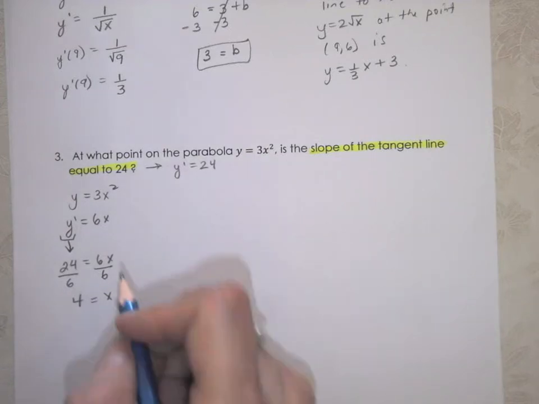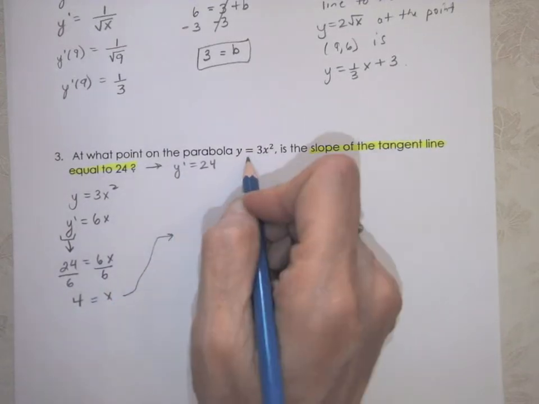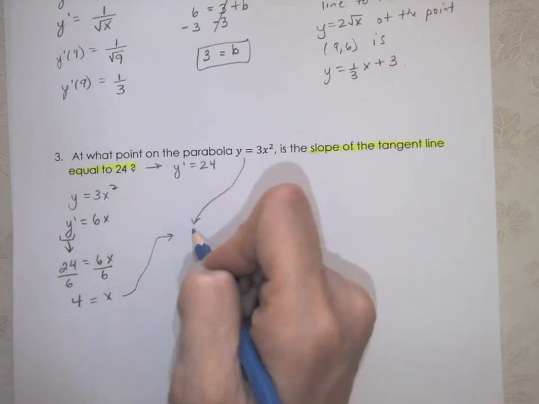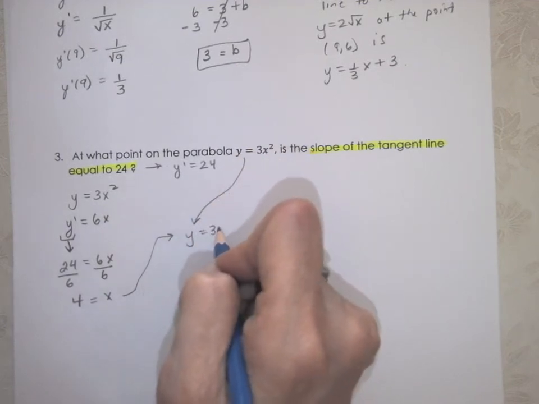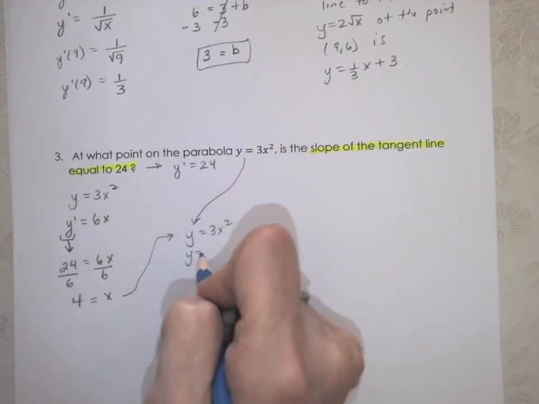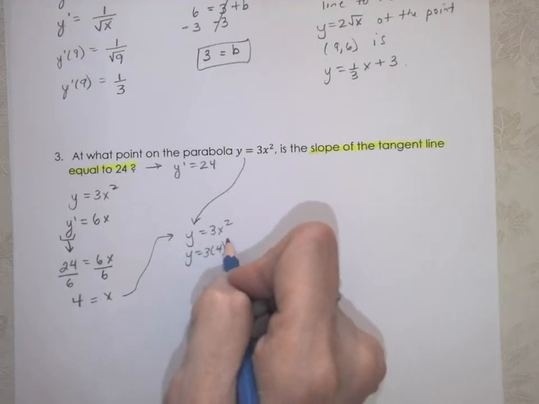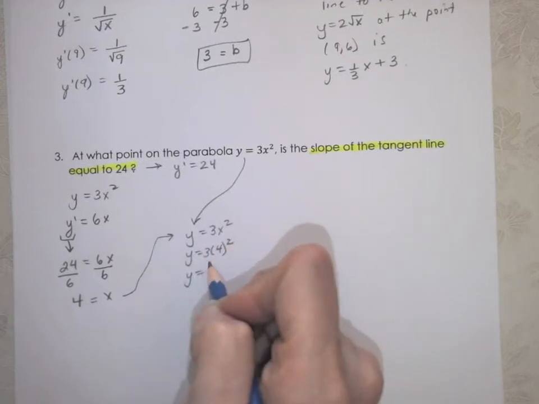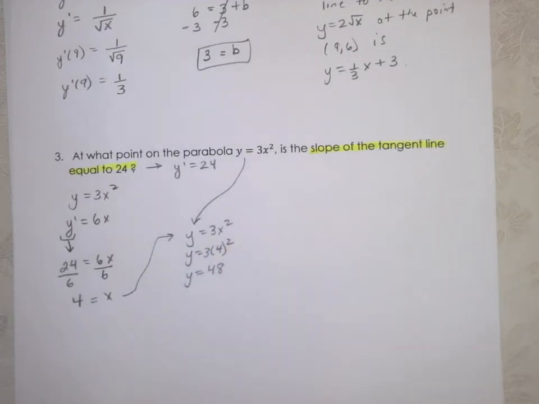I also want the y value that goes with x being 4, which I can find using my defining equation here. So that's going to be 48.